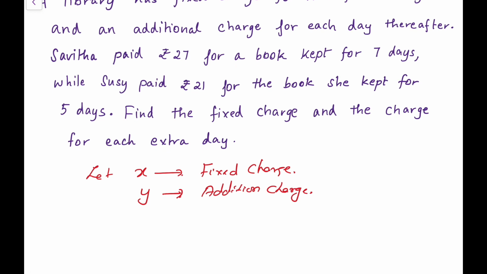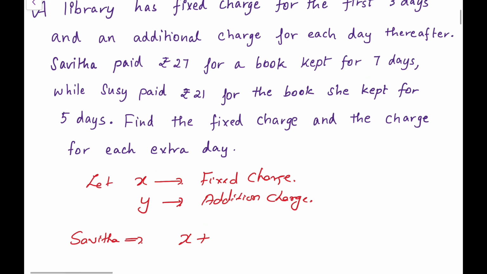So Savita paid rupees 27 for a book kept for 7 days. So we will make the equation. Savita has kept it for 7 days. So for the first 3 days, it is a fixed charge, x. Then after that, for the remaining days only you have to give the additional charge.